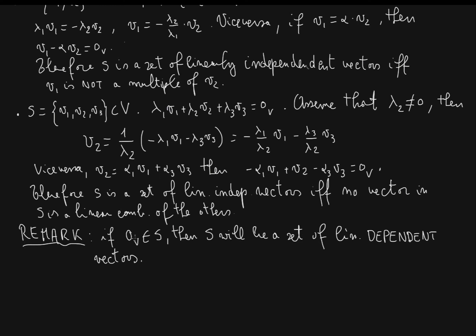So if there are at least two different vectors in S and one of them is the zero vector, then pick another non-zero vector V, and we can have a non-trivial linear combination of V and 0, giving the zero vector.